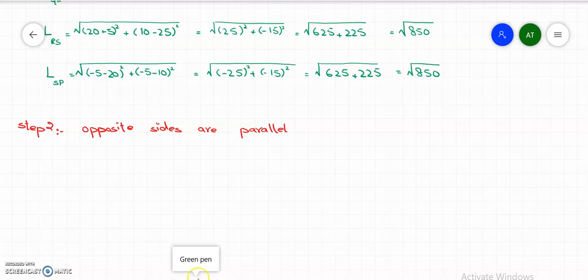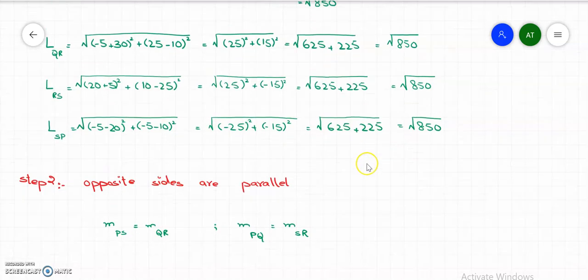We can say that the slope of PS must be equal to the slope of QR, and also the slope of PQ must be equal to the slope of SR. Okay, let me show you. Let's go to the figure.